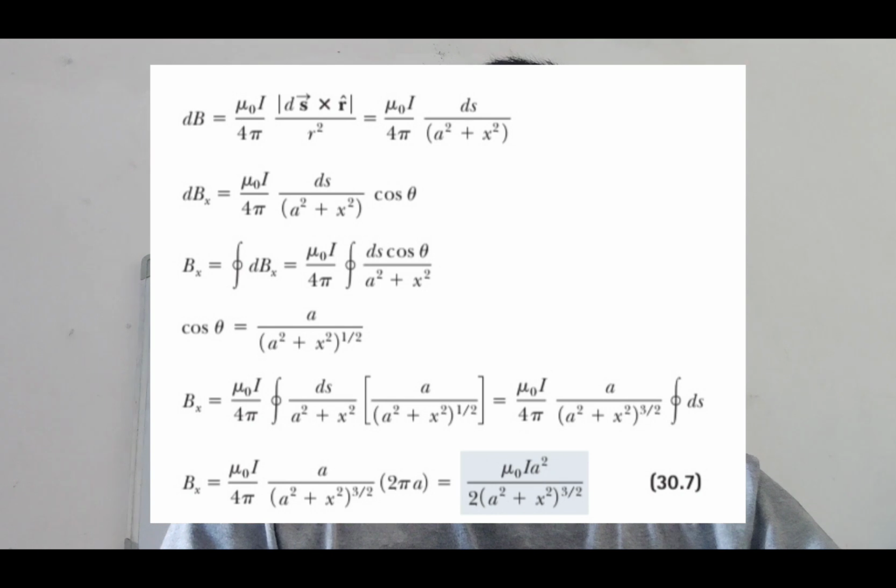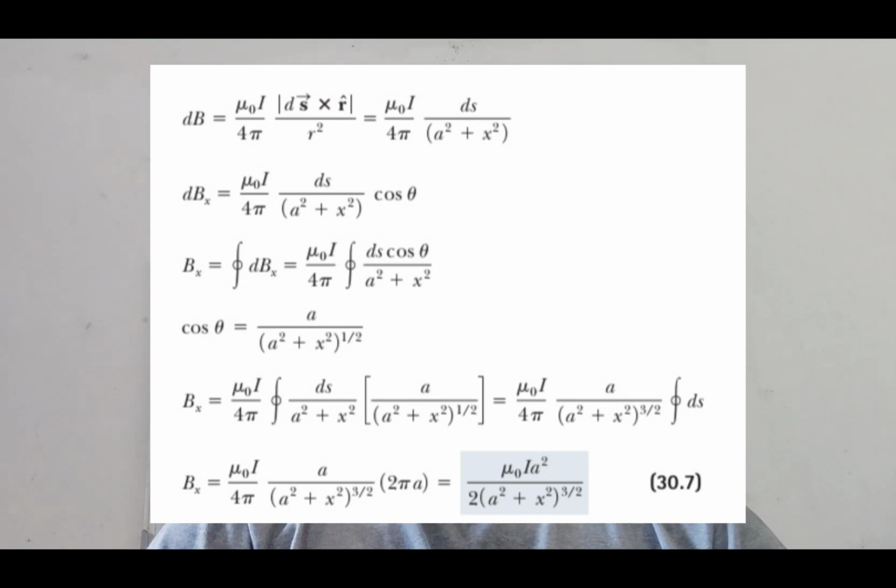So, find the x component of the field element. dB sub x is equal to mu sub 0 I over 4 pi times ds over a squared plus x squared times cos theta, and then integrate over the entire loop.